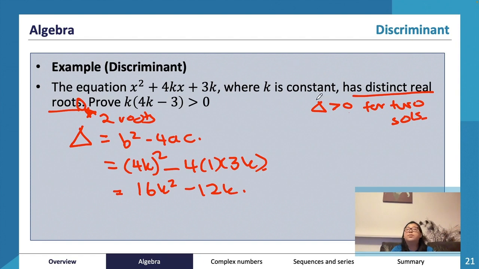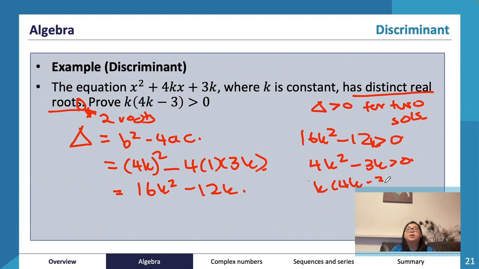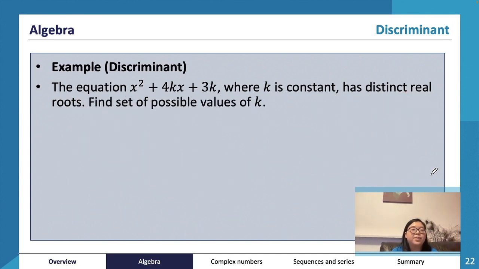So we need 16k squared minus 12k to be greater than 0. Okay, so we can take away the 4 and we get 4k squared minus 3k has to be greater than 0. So we get that k(4k minus 3) has to be greater than 0, as we needed. Right here. Alright, one more.